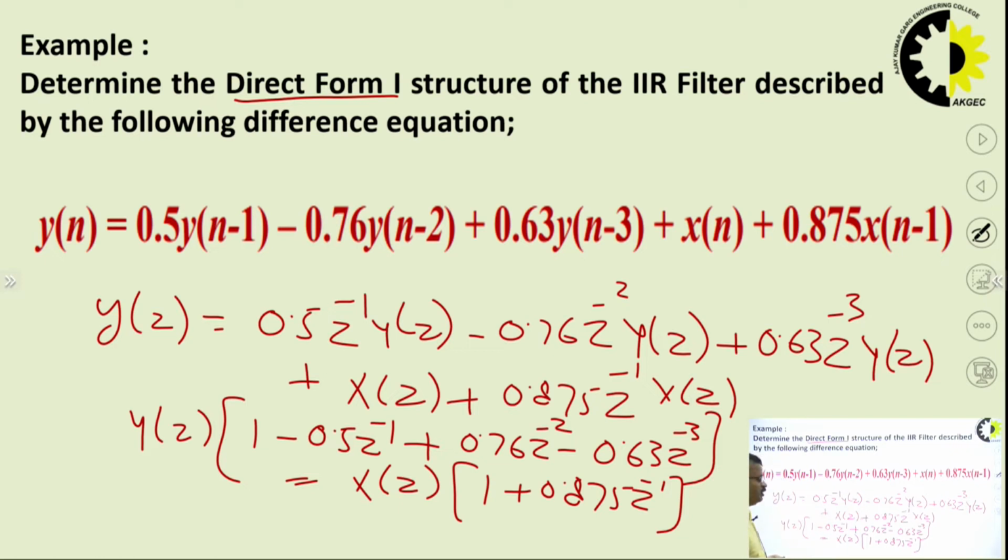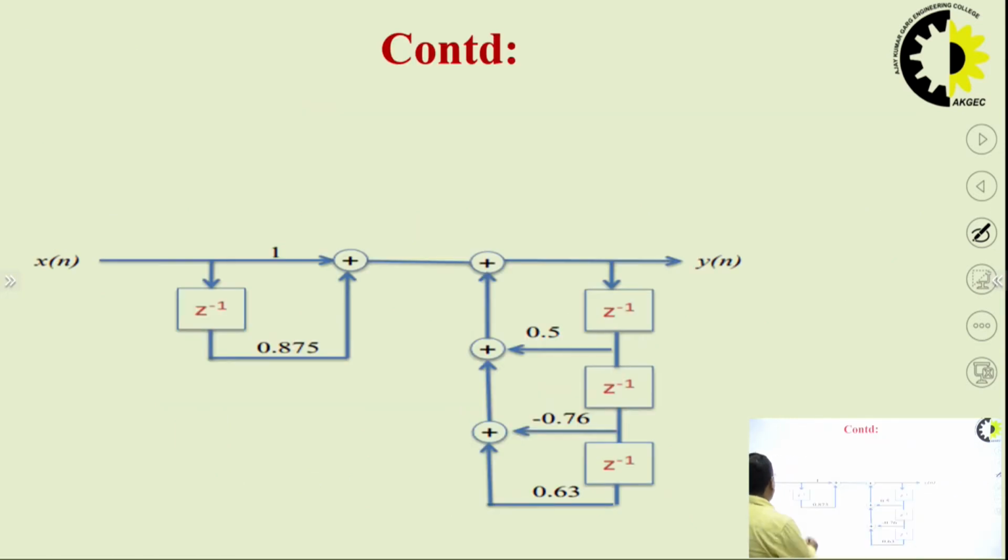So, this will be the expression. Now, what do you want? You want H(z), that is the ratio of Y(z) and X(z). So, Y(z) upon X(z) is equal to, you will get the expression and this will be our final structure here.